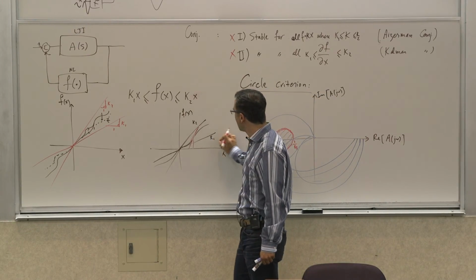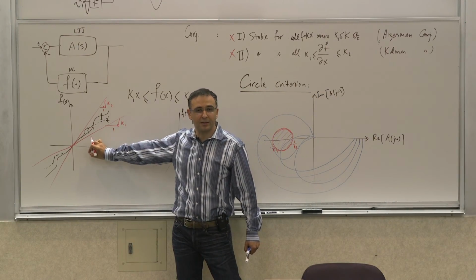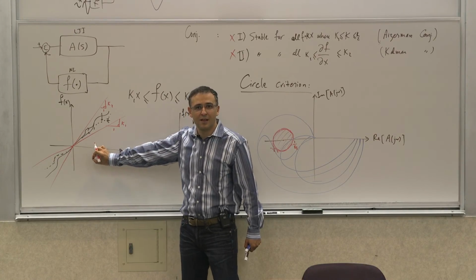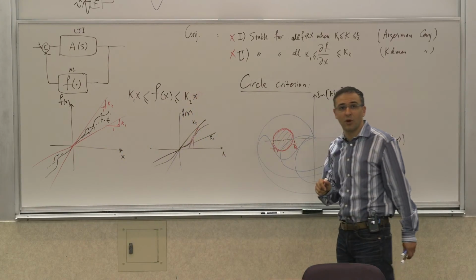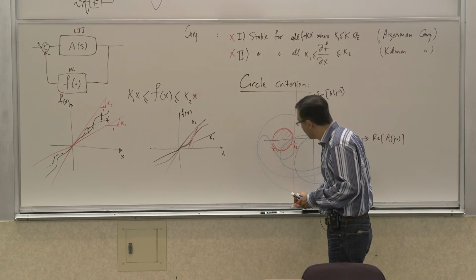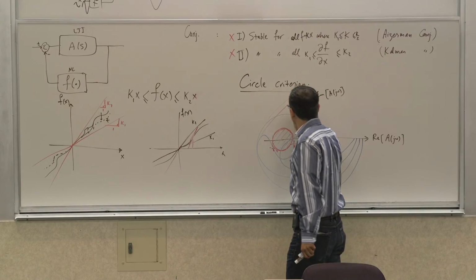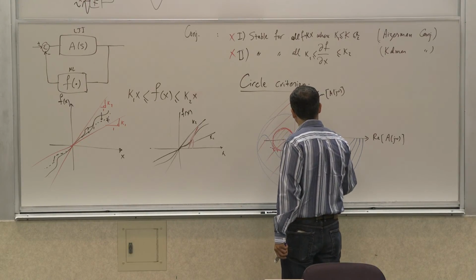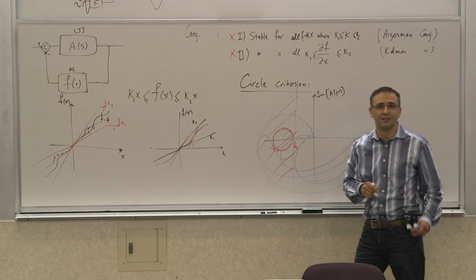So when K1 becomes 0, this point is going to be where? At negative infinity, which basically turns this circle into effectively a line, right? So it says if you want to guarantee stability, do not cross this line.